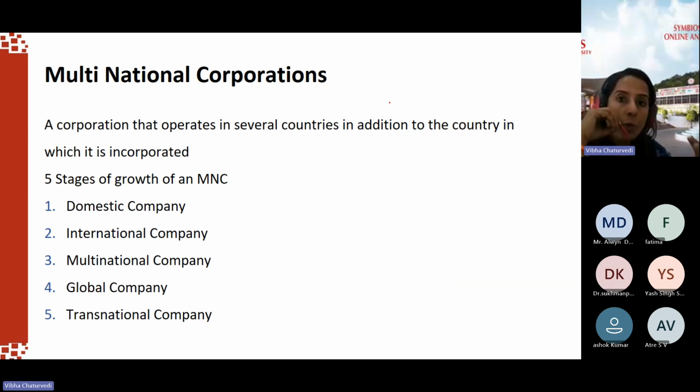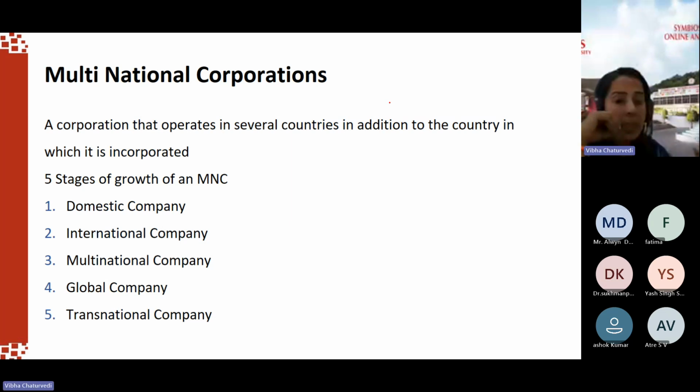And you don't want to change your practices to adapt to any other culture which may be outside. So if you are a national organization, which means if you're a domestic company, you will be very ethnocentric in your cultural approach because there is no reason why you should be adapting to different cultures worldwide.